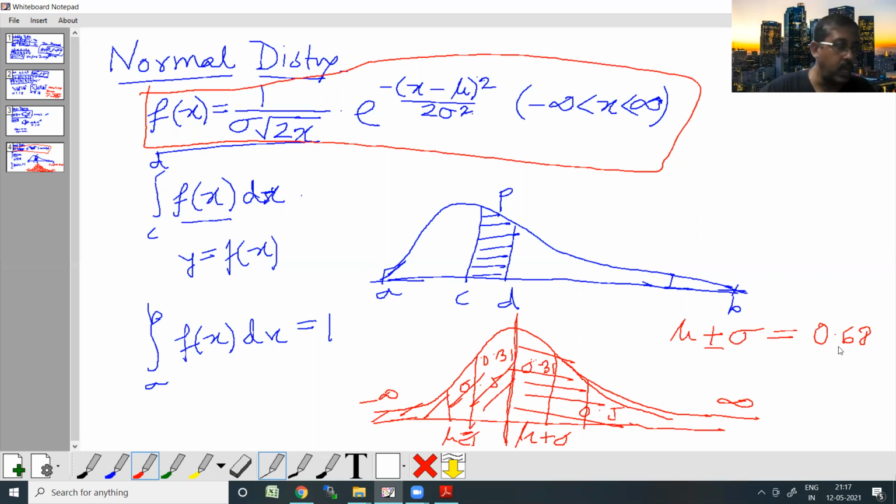Now if I look at plus minus 2 sigma, this portion, from minus sigma to minus 2 sigma, has the area under the curve 0.14, and same here, 0.14 from mu plus sigma to mu plus 2 sigma.